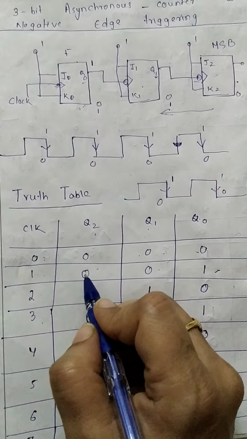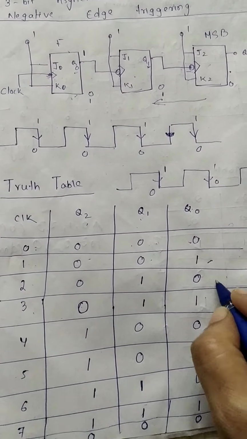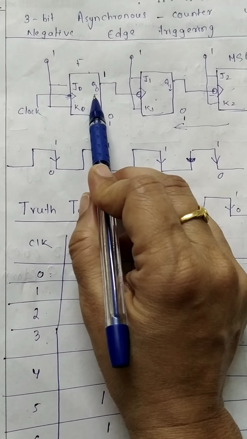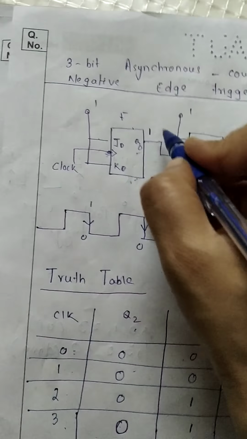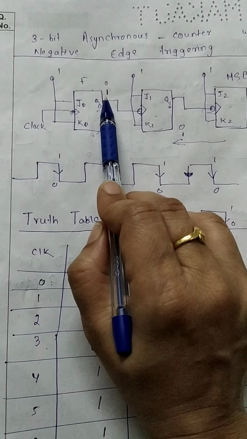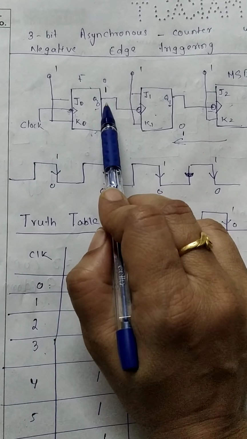Now next, when I am giving the next clock pulse, my Q0 goes to 0, in place of 1. When I go to 0, at that time, this is negative edge triggering.